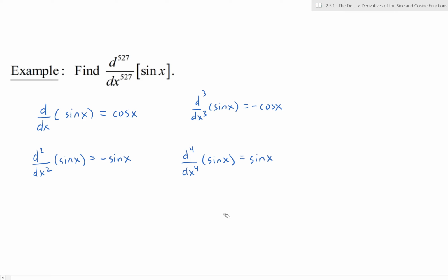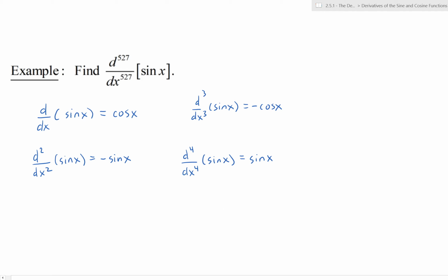So really, this cyclic pattern shows us that we can use what's called modular arithmetic here to say that, okay, well, if I really want to find a 527th derivative of sine x, all I'm going to do is divide that 527 by 4 and see where in this cycle we actually end up, because we just keep going through the cycle over and over and over again, and eventually once we get to the 527th derivative, it's going to be one of these four things.